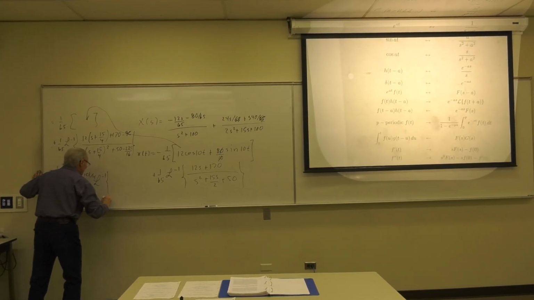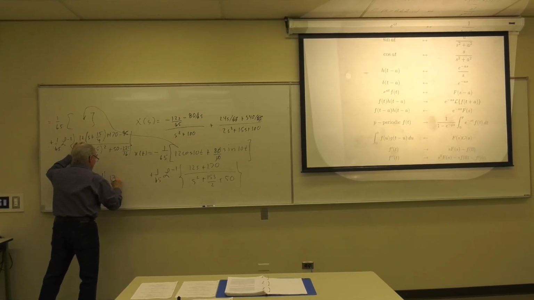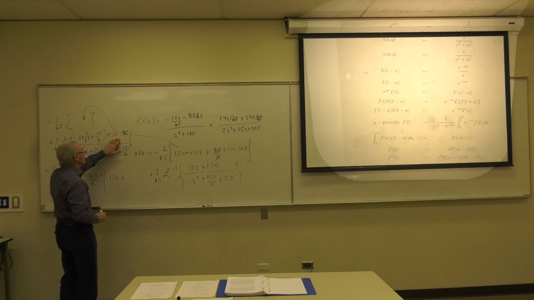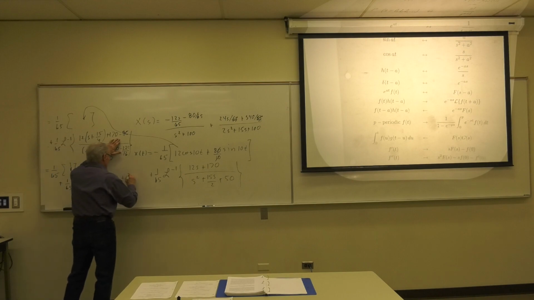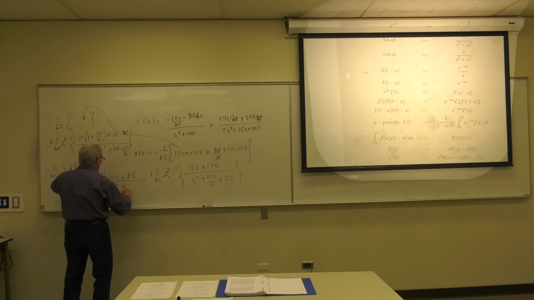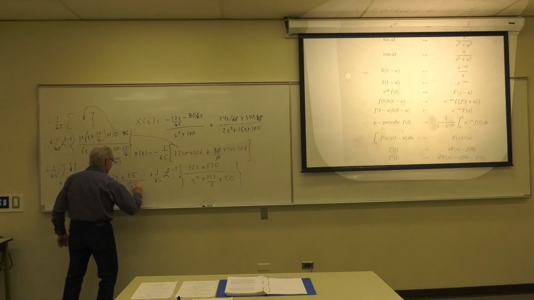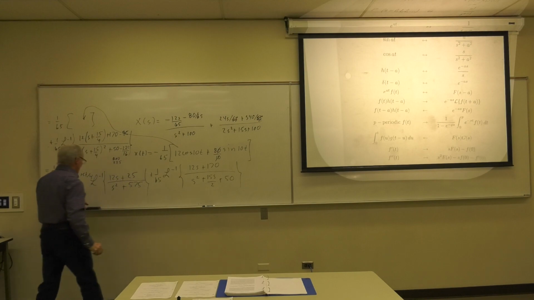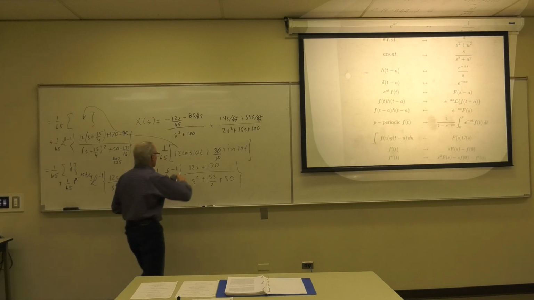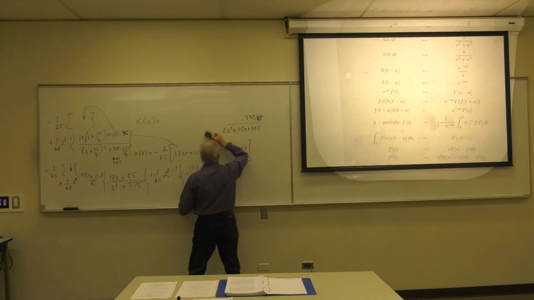Left to take the inverse transform of 12s plus this, 170 take away 45 is 125 over s squared plus this one. Yuck. Is that 800? Take away 225, 575. How does that look? I hope I don't have to back up here in a minute because it's all going away.